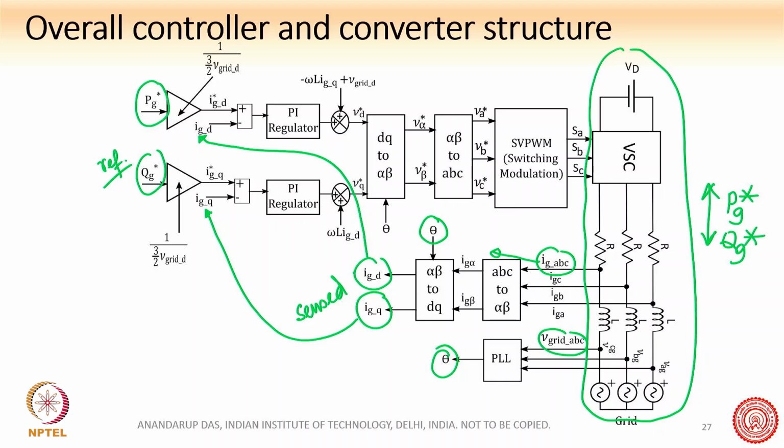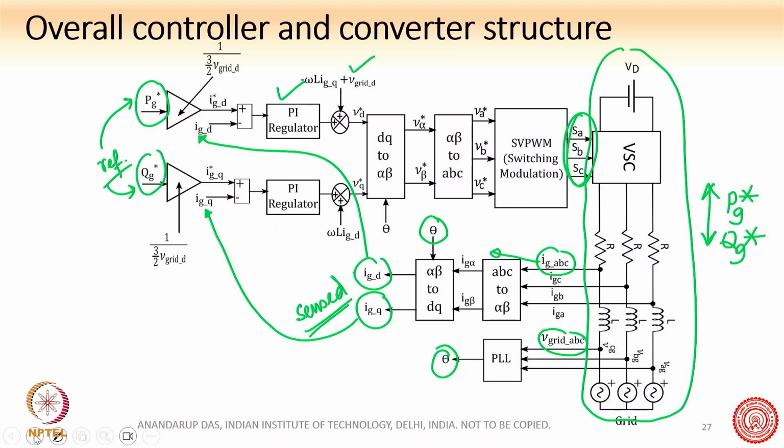There is also a sensed value, a regulator, and some terms here, and then it goes to ultimately some switching, which goes to the VSC as the effect of this controller.